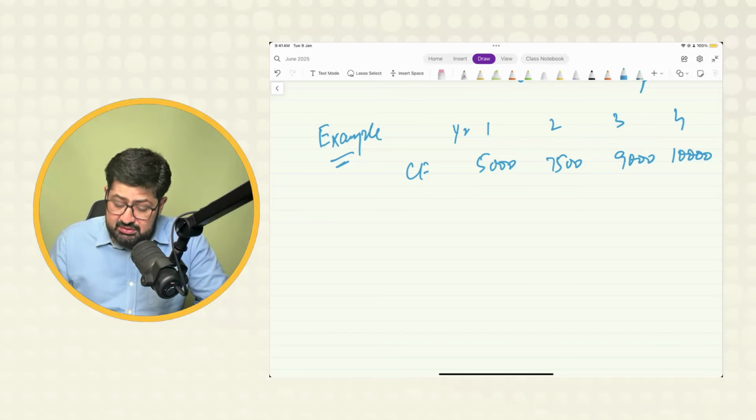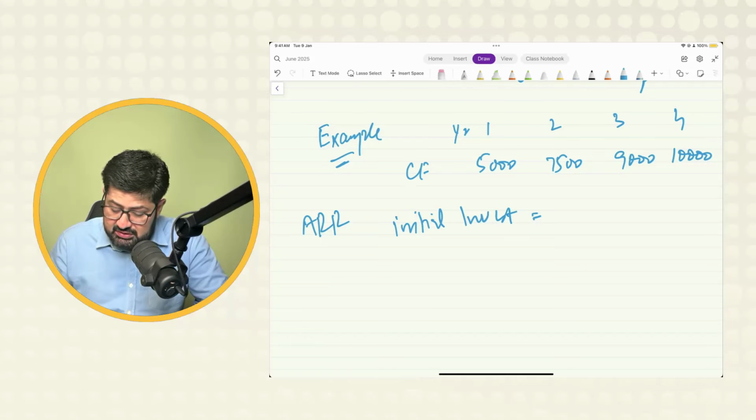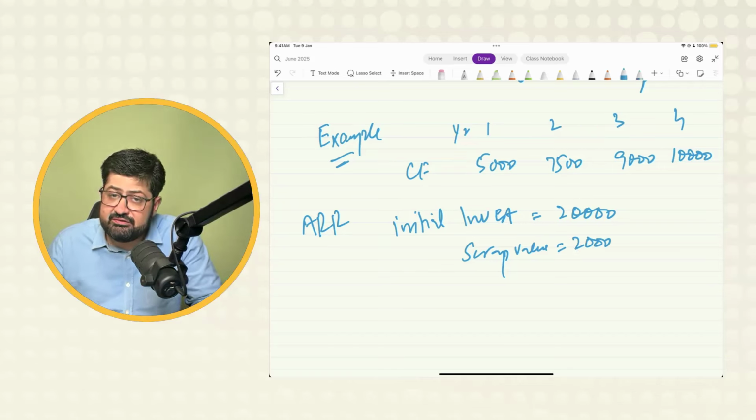And you have to calculate ARR. Initial investment of the project, for example, is 20,000. Scrap value is 2,000, which is at the end of the project life.